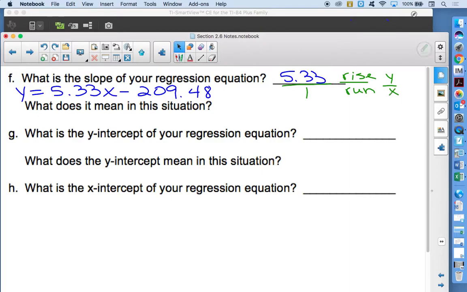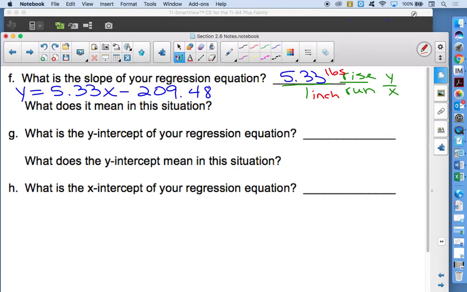How can we create a sentence to describe what this means? Noah? For every additional inch in height, there are 5.33 additional pounds. Yeah. So she said for every inch that you add to your height, you're going to gain 5.33 pounds. The x is your inches, the y is the pounds.